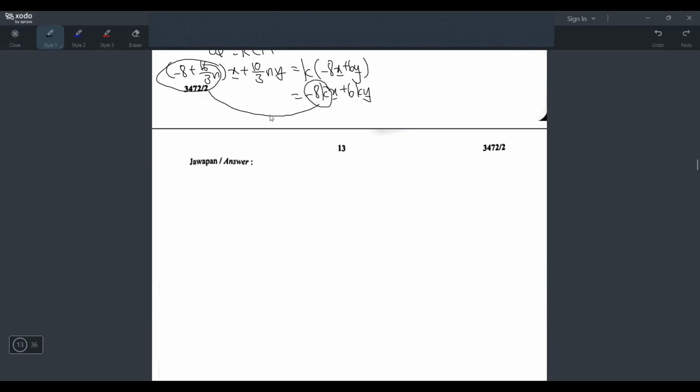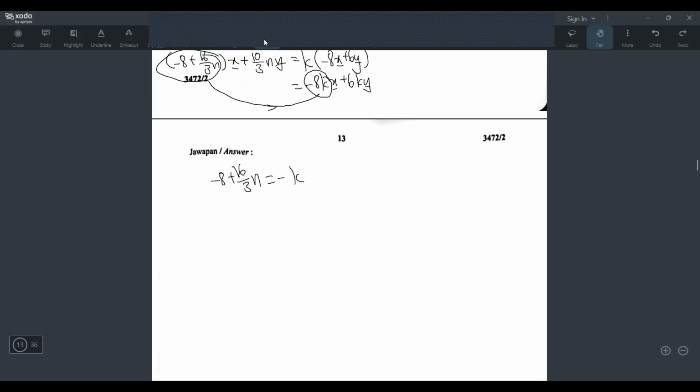It becomes negative 8 plus 16 over 3n. That is the coefficient of x. And then what is the coefficient of x on the other side? Negative 8k. And then what about the coefficient of y? On this side it will be 10 over 3n, and then you connect with 6k. Okay, just compare side by side.